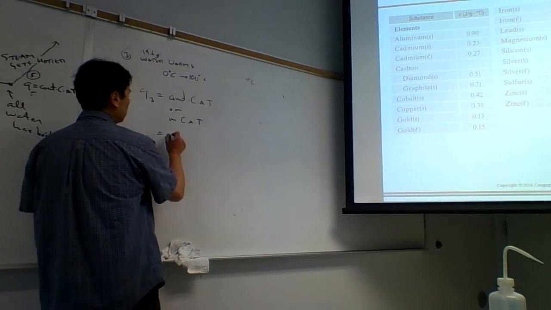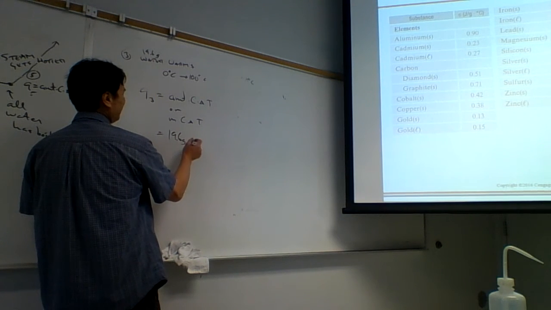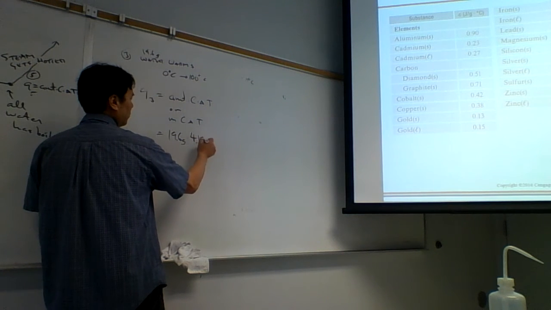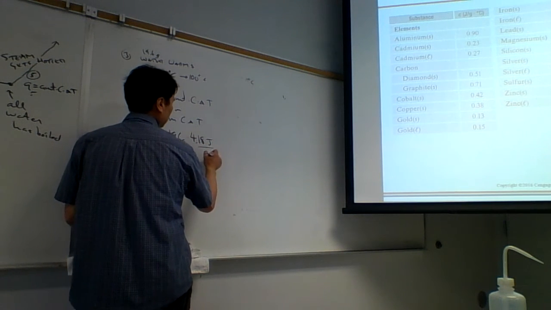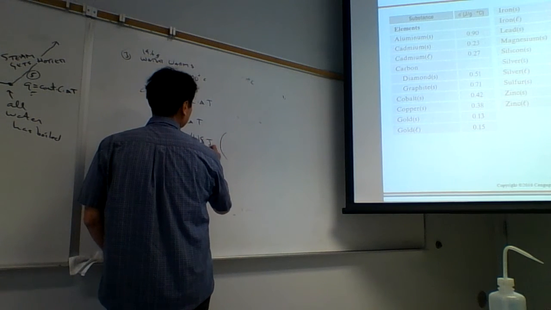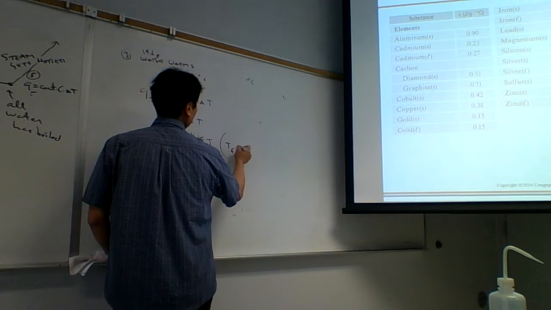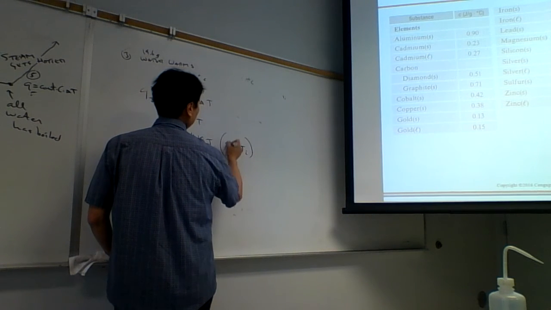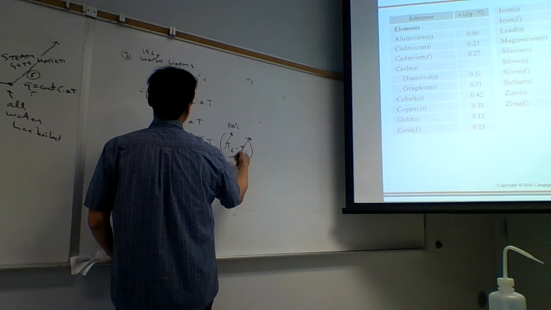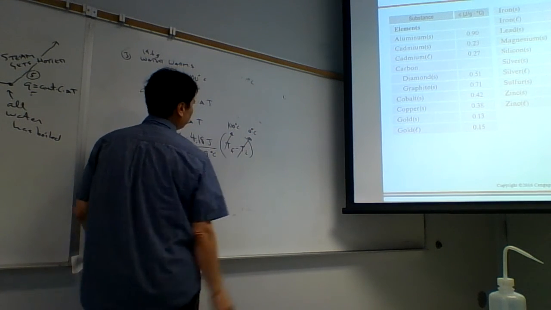It's an important number. So 19.6 grams. C is 4.18 joules per gram degrees C. Delta T is T final minus T initial. T final is going to be 100 degrees C. We don't have to use Kelvin for this. T initial is 0 degrees C, fortunately.